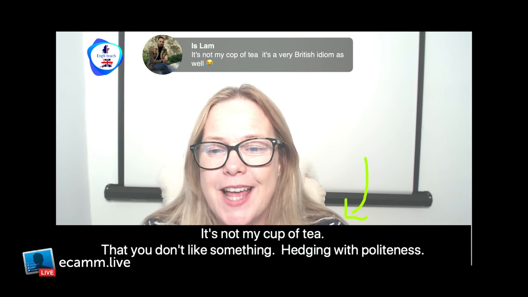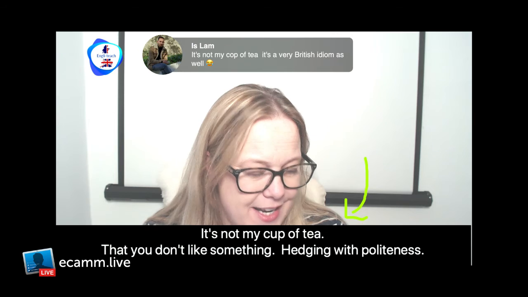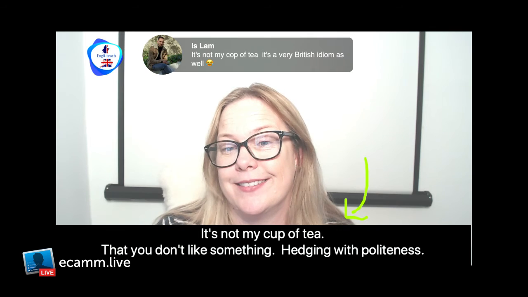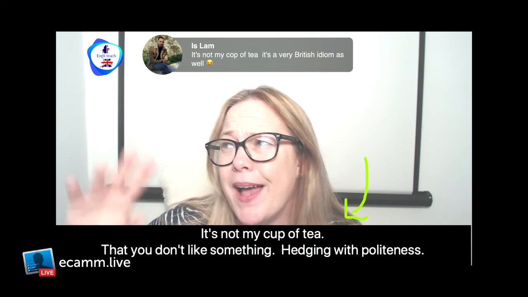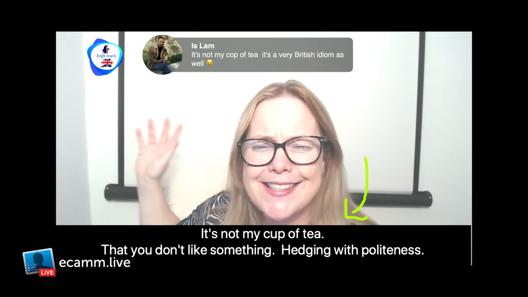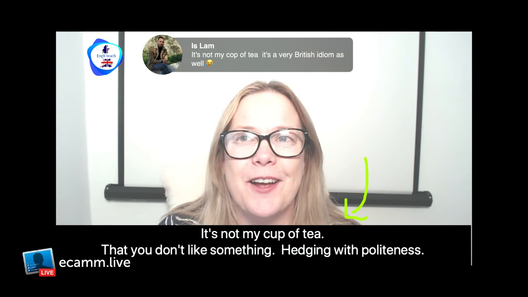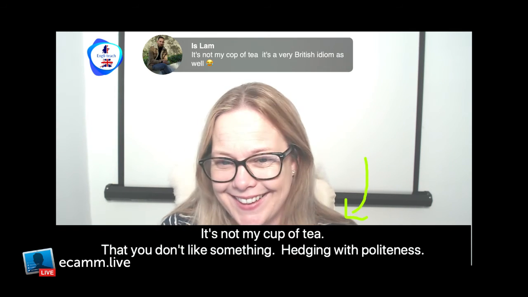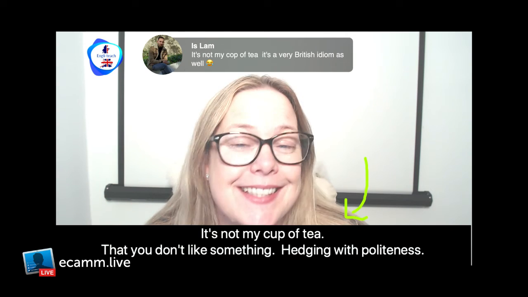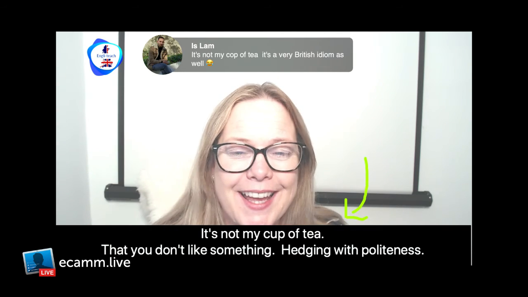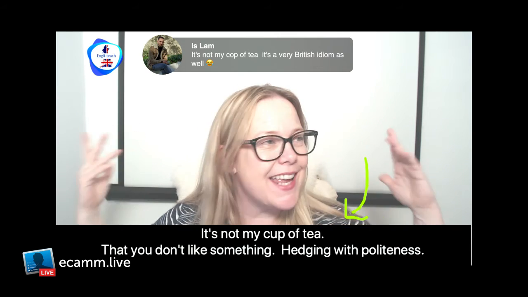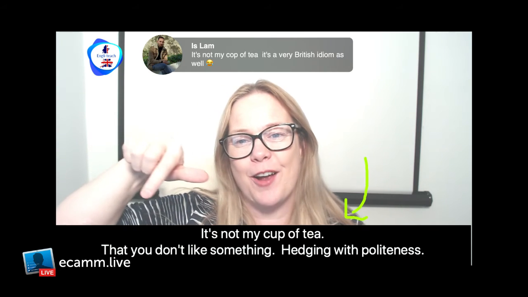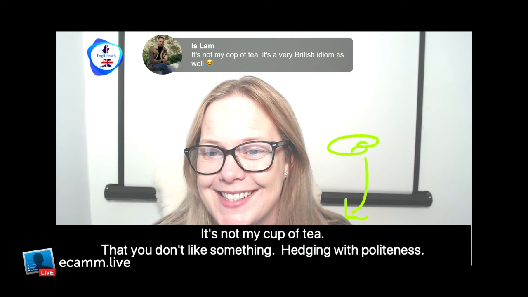So let's just say you go to your best friend's house for a beer or a cup of tea, and they've painted their wall a disgusting colour, like black. I'm not saying black is a disgusting colour, I'm just trying to give an example. So they've painted all of their house bright green, like this arrow here.